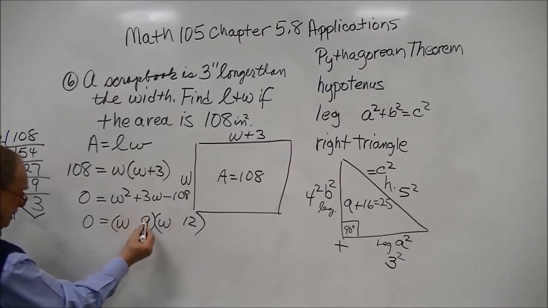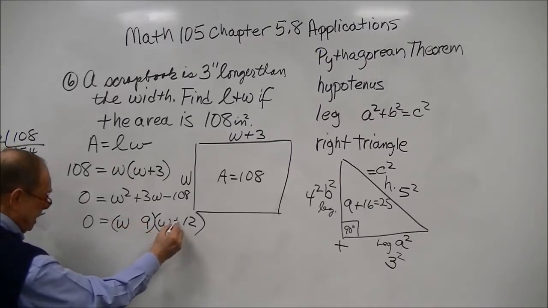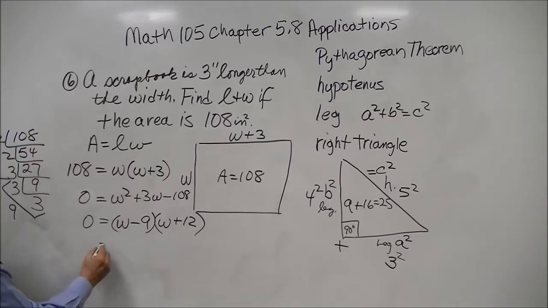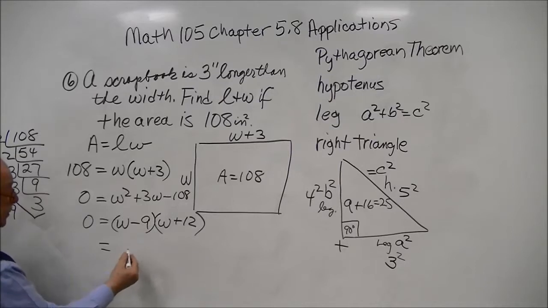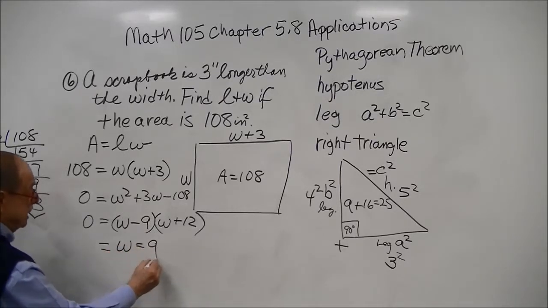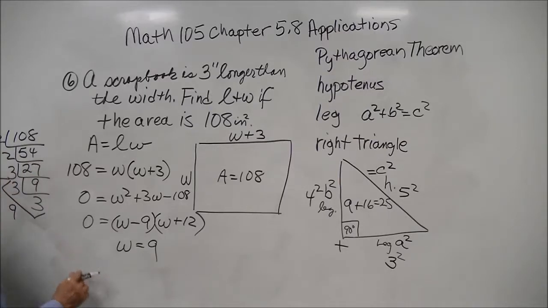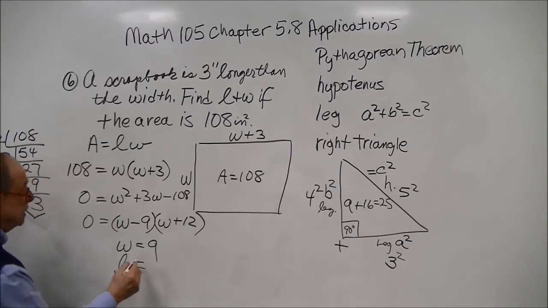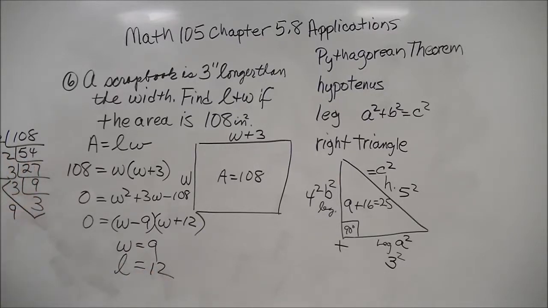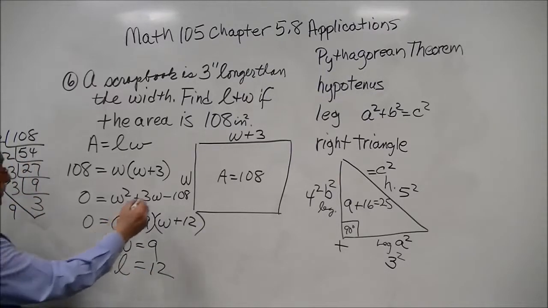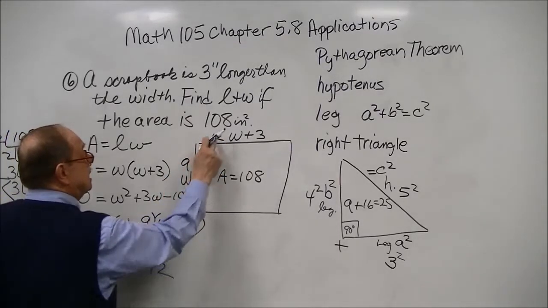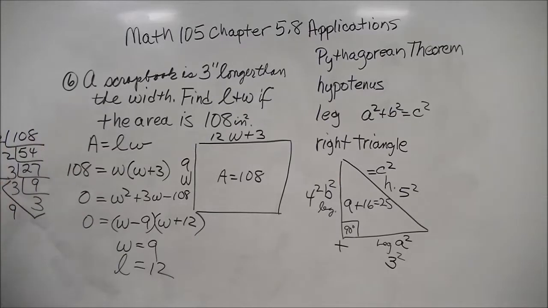And I need the 12 to be a positive and this to be a negative. So I'm going to have my width be 9 and my length then, 9 plus 3 is 12, and it checks. So my width over here is 9 and my length is 12. 9 times 12 is 108.